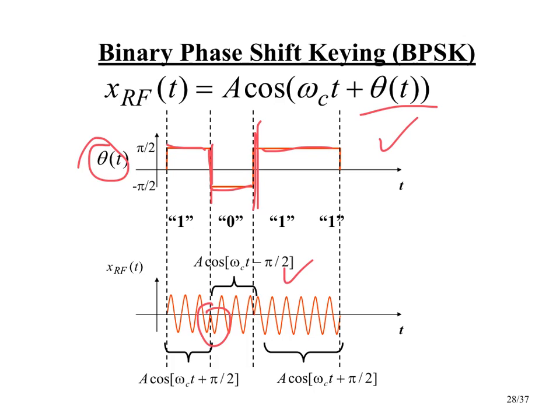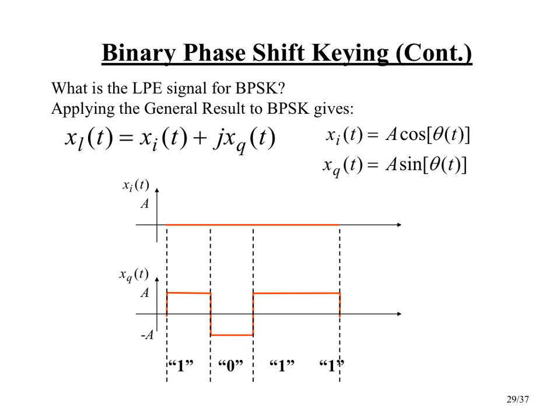So that's what this looks like, and we would like to figure out what the I and Q components are for this example. Or equivalently, what is the equivalent low-pass signal for BPSK?